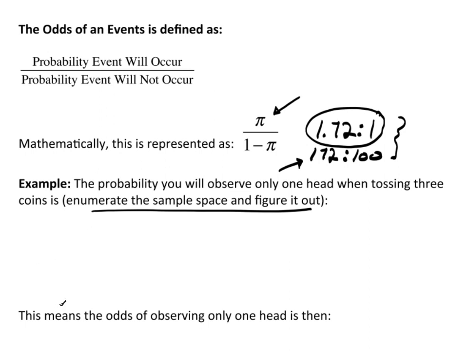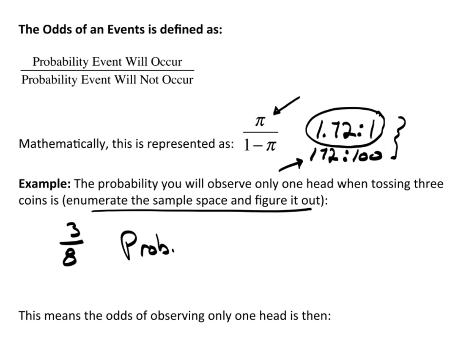If you look back or re-enumerate it, and it's probably a good idea if I pause this and you enumerate it again just to get practice, what you'll see is that there were 3 ways out of 8 to get one head in 3 tosses. So the probability is 3 out of 8. And obviously I'm talking theoretical probabilities here.